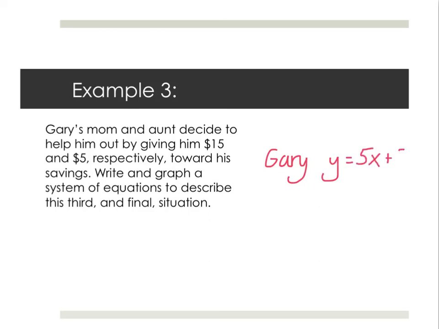But now he's got $15 from Mom plus $5 from Auntie. And we'll come back to that because I know you already see what's going to happen here. Just bear with me. And then Jeff has $5 per week and his $20 that he started with. And I know you can already see what's going to happen with Gary, but let's go ahead and graph it anyway.